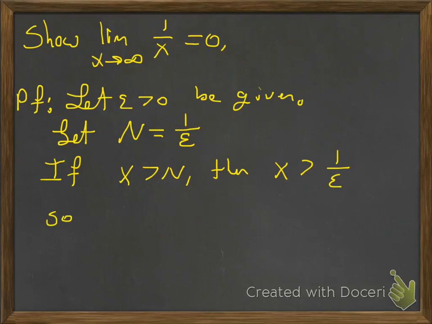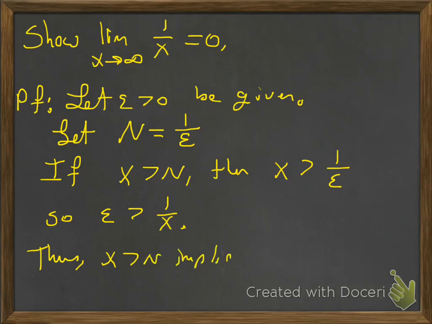then because epsilon's positive, 1 over epsilon's positive. Since x is larger than 1 over epsilon, x has to be positive also, which means we can multiply and divide the inequality without risk of dividing by a negative. So we don't have to flip the inequality. So epsilon is greater than 1 over x, which means 1 over x is small because epsilon can be as small as we want it to be.